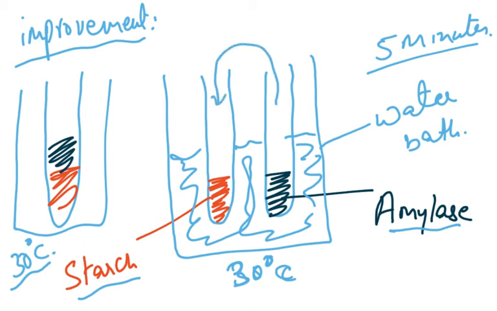Of course, the reaction would then be at 30 degrees Celsius, because you kept the starch and the amylase separately. Both achieved the temperature, and then you mix them so that the reaction actually starts at 30 degrees Celsius. So this is an improvement which you must know on this experiment.